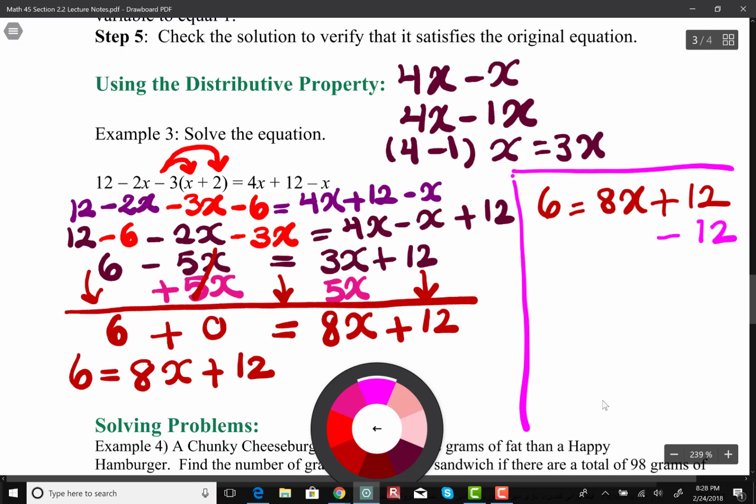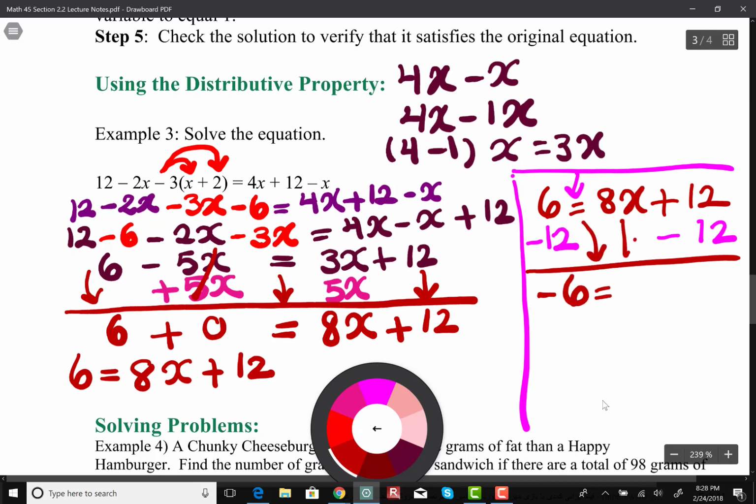Again, be very careful. If you're doing negative 12 to this side, don't forget the other side is 6. So do the same thing to the other side. Once we do that, then we can do a vertical addition. These two, that gives us negative 6. Bring the equality sign down.